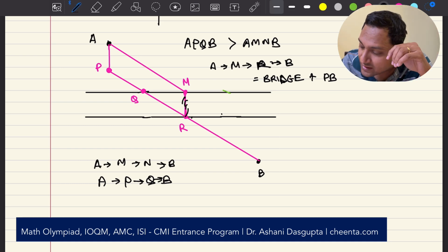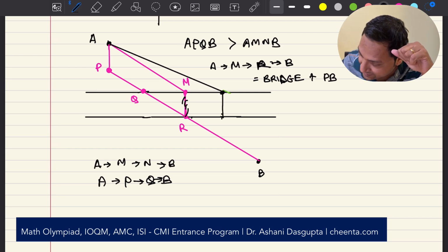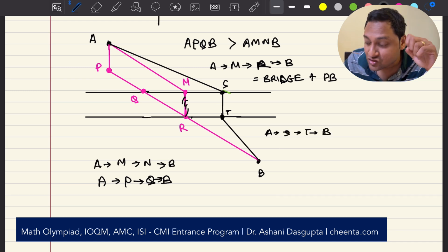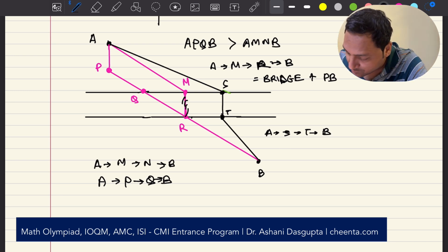Suppose we draw any other path. Let's say this one. Let's call it ST and join TB. How can we show that ASTB is actually a longer path? Well, it's quite simple. What we do is we join PT.